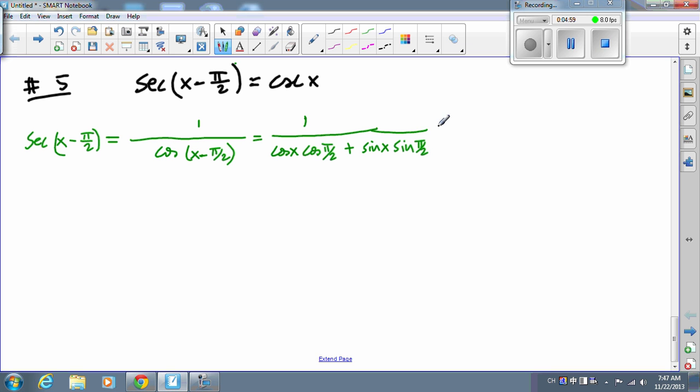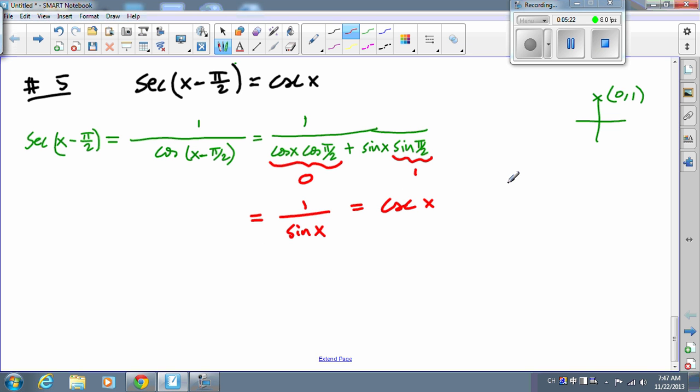Note that in case you forgot, pi over 2 is located here where the coordinates are 0, 1. So the cosine of pi over 2 is 0. So this whole portion will be 0. And the sine of pi over 2 is 1. This one is 1. 1 times sine is sine. So this is 1 over the sine of x, which is equal to the cosecant of x. I believe this is it for the proof part of your review.